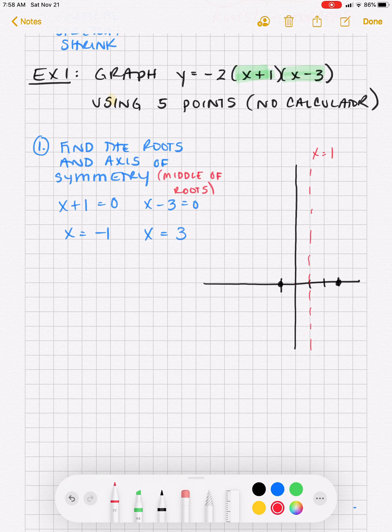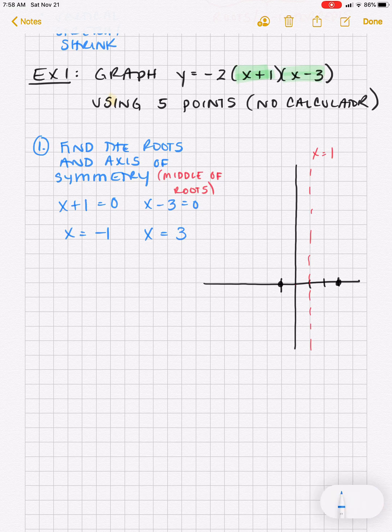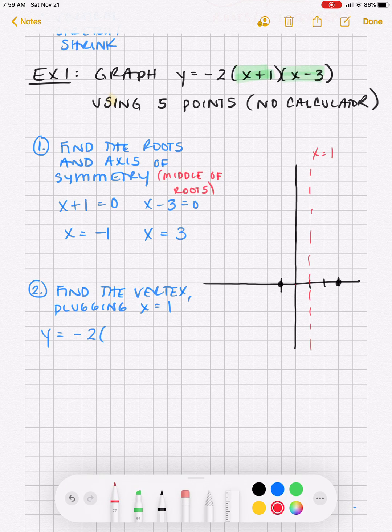Okay, well, now that we know the axis of symmetry, that means that we can find the vertex. We find the vertex by plugging in x equals 1, because we know the vertex is somewhere on this line. So here's my function, y equals -2. I'm going to plug 1 in for x here, and we'll plug 1 in for x over here. And we get 1 minus 3.